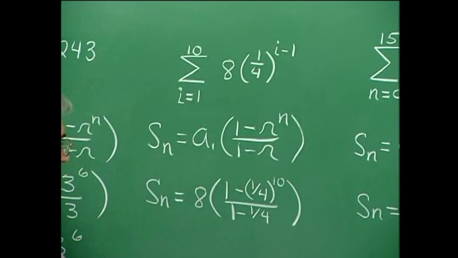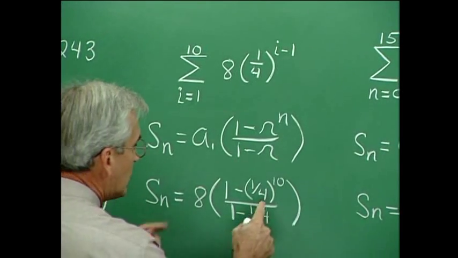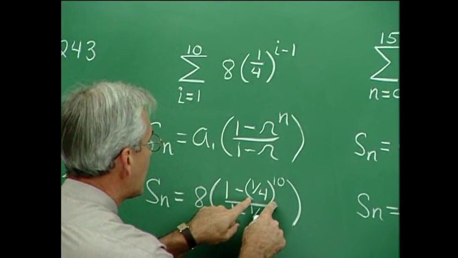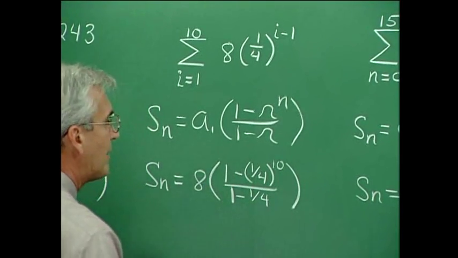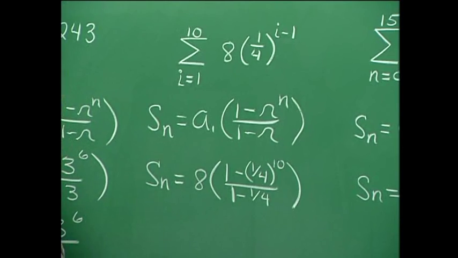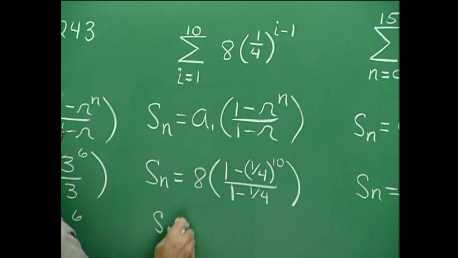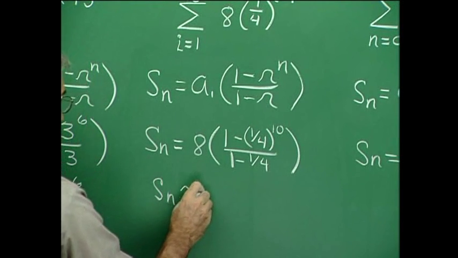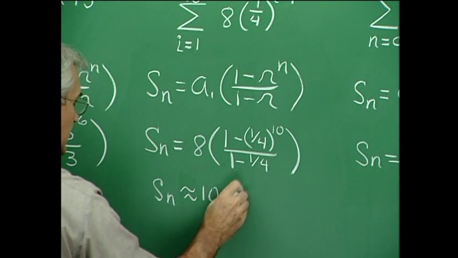So a lot of parentheses need to be in here. And to avoid the parenthesis that might be thought of as necessary right here, you might use 0.25 for 1/4. At any rate, when we find this sum, it turns out to be, I should say, approximately 10.67.